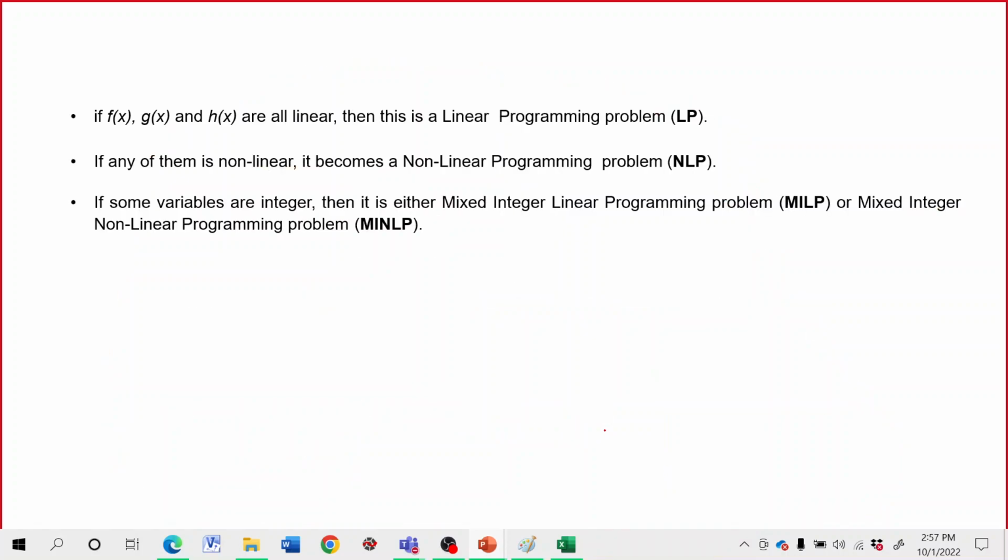If an integer variable is combined with a linear problem, we have mixed integer linear programming. If it's non-linear and we have integers, we get mixed integer non-linear programming, which is the most difficult problem to solve.